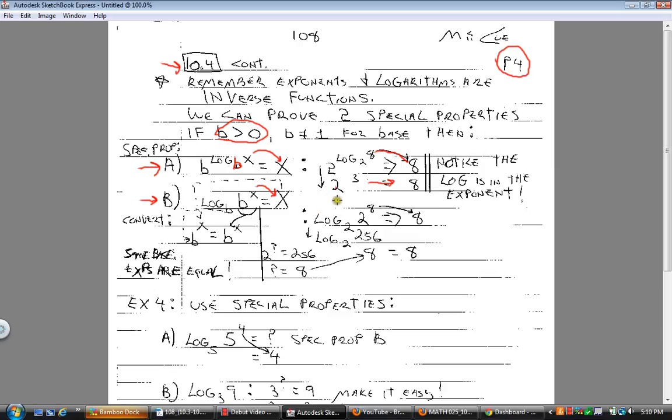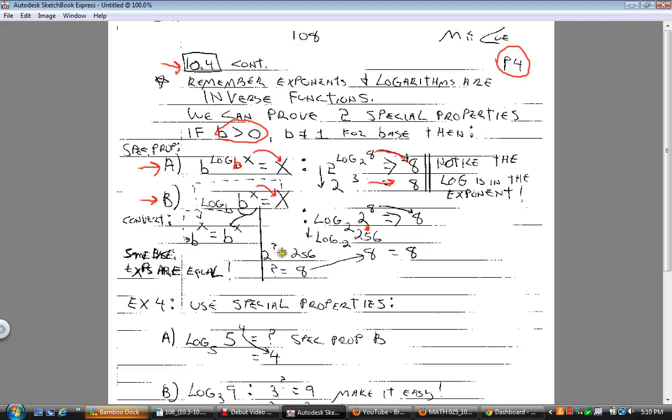An example of that to work with is log base 2 of a result which has 2 raised to the exponent of 8. Answer is going to be 8, but let's see if we can prove this to ourselves. So I come back and I look and I go 2 raised to the 8th can be evaluated at 256. So now you've got log 2 result 256.